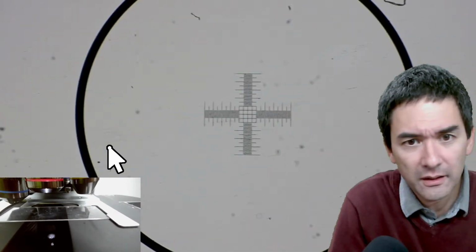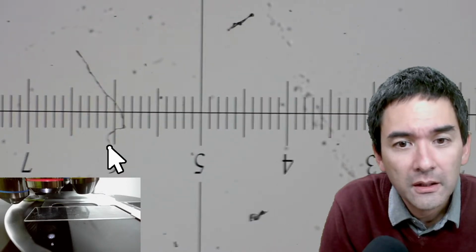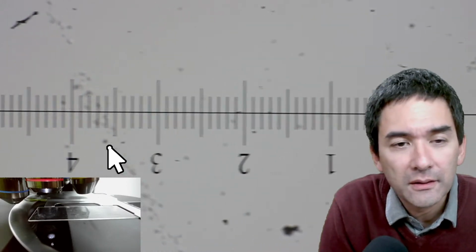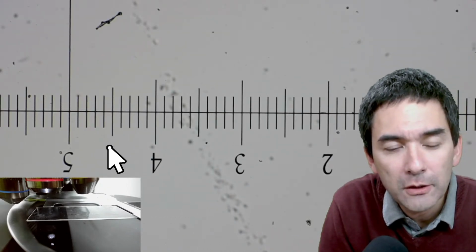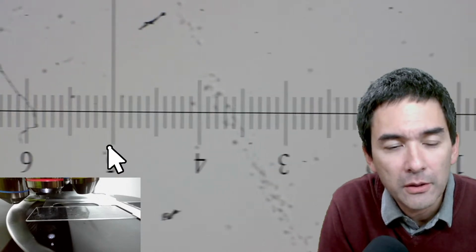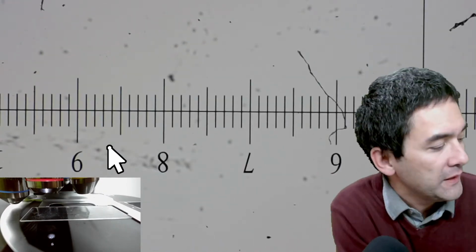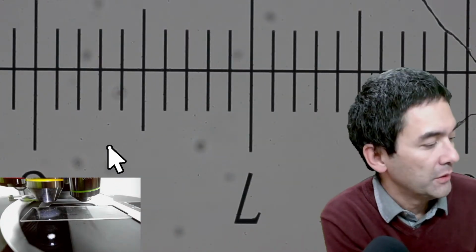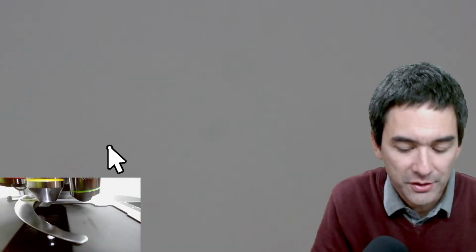And here, that's also a scale. So basically that might prove to be useful. You take a picture of this, and then you can measure the sizes. Of course, for each magnification you need a separate one. So just as a little comment for some of you who might consider this useful.